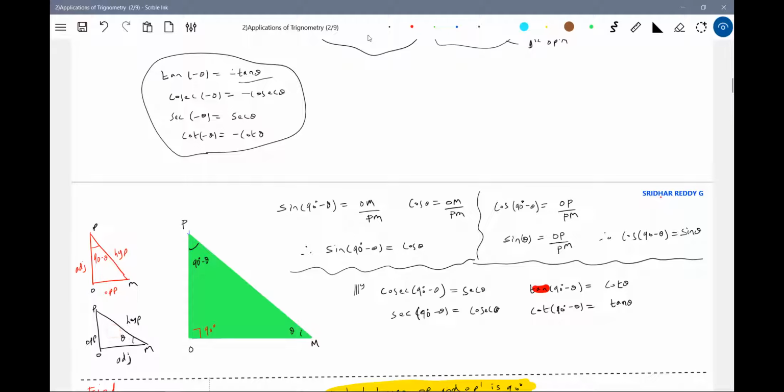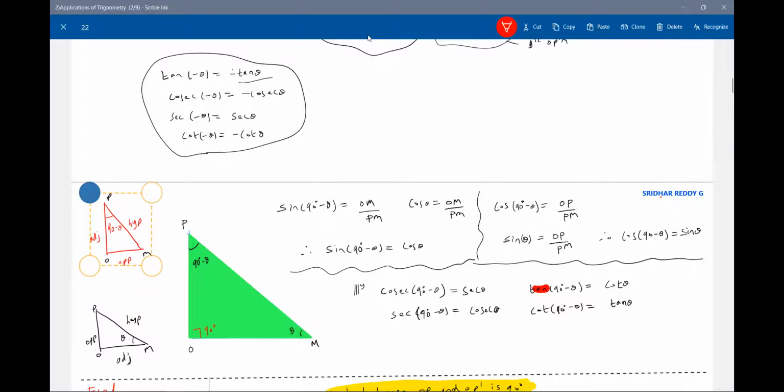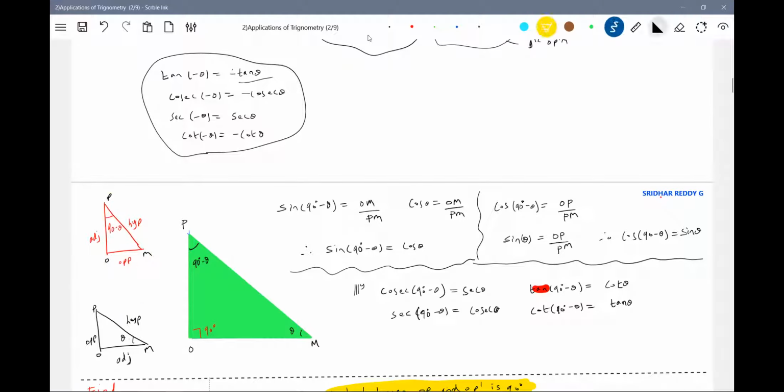So what is this triangle? They're the same, both the triangles, I'm just indicating in a different way. Try to notice here. Let's define in this triangle sine of 90 minus theta. What will we write? Opposite by hypotenuse. So what is opposite for this yellow color triangle?